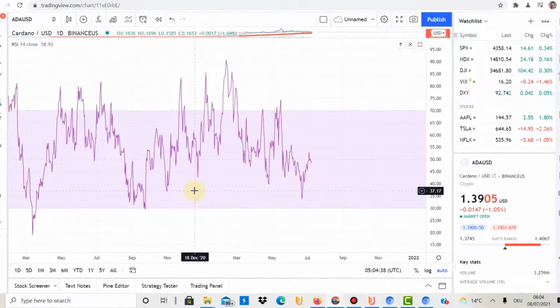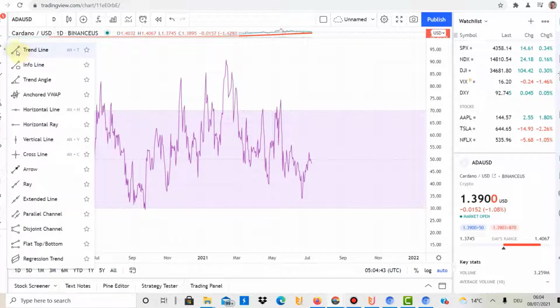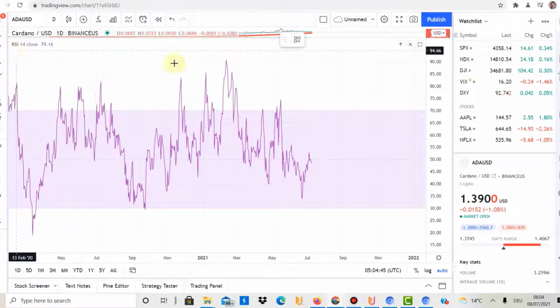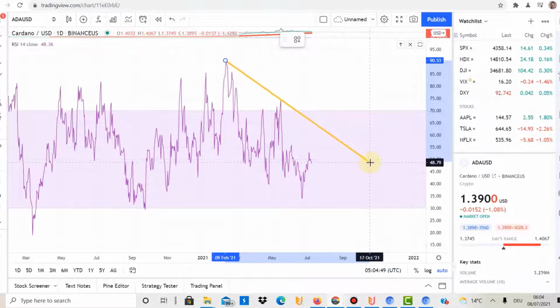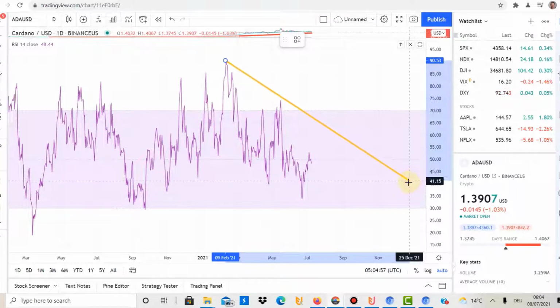On the relative strength index, however, we can see that we are on a downward trend from here. We're actually on our way down. This indicates that we are not going to see the long-lasting increase yet.